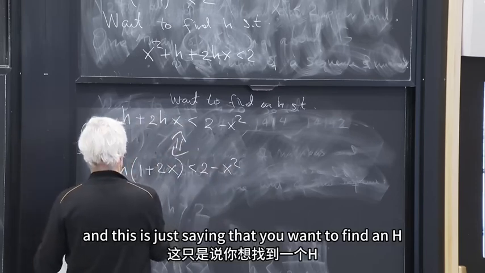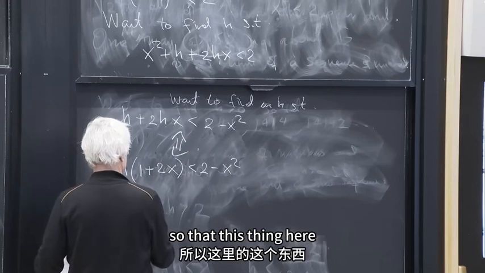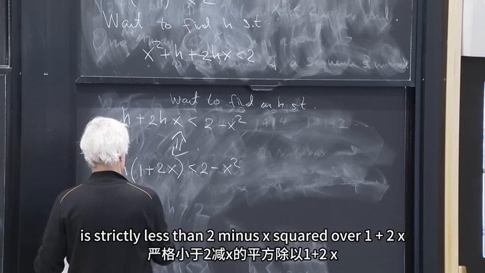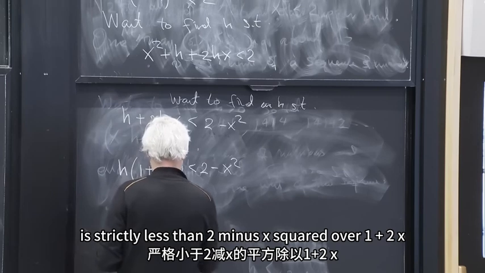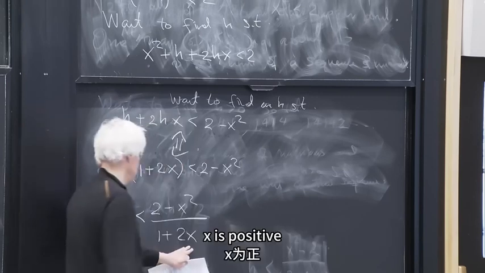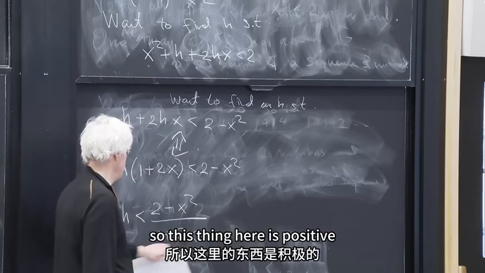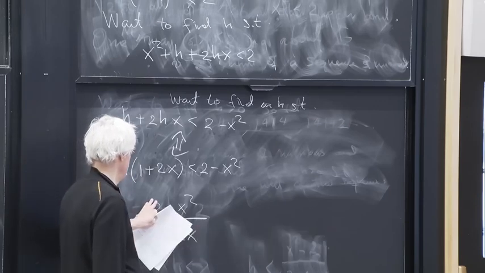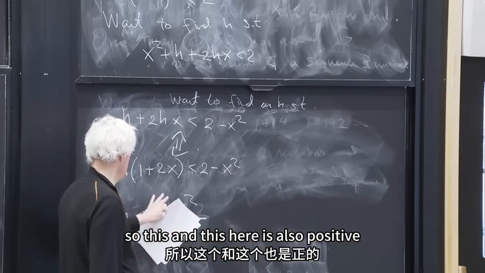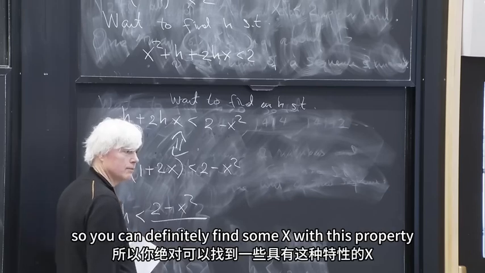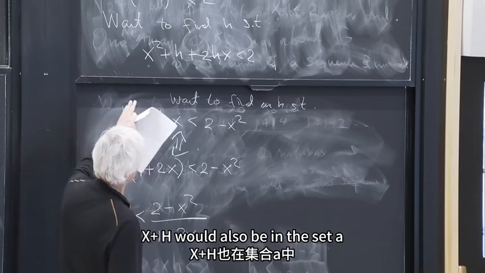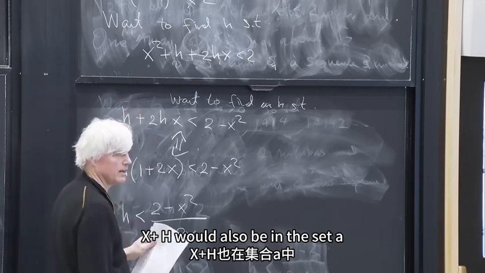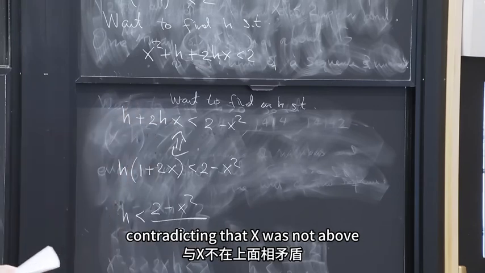This is just saying that you want to find an h so that this is strictly less than (2 minus x squared) over (1 plus 2x). x is positive, so this here is also positive. So this is a positive number, so you can definitely find some h with this property, right? And then you see that this x plus h would also be in the set A, contradicting that x was an upper bound.